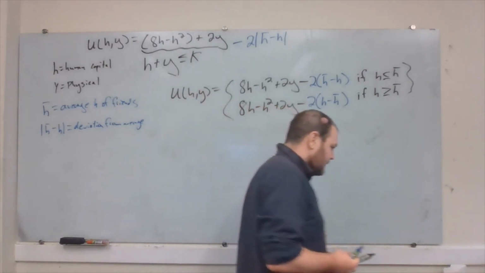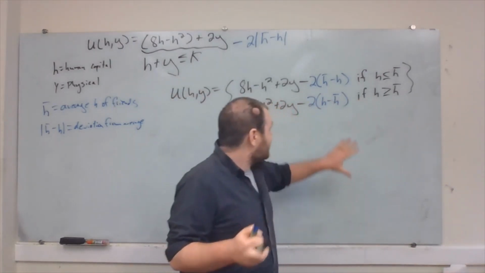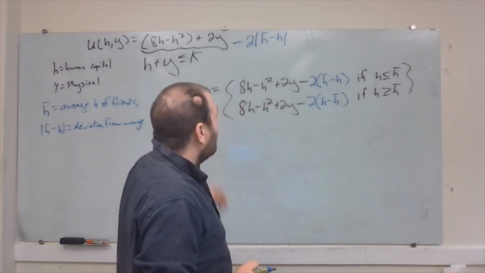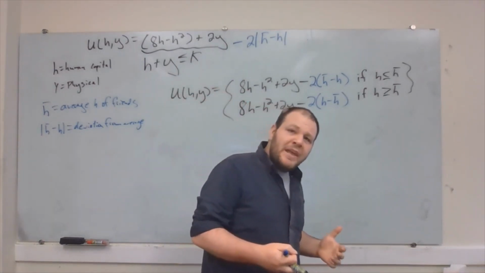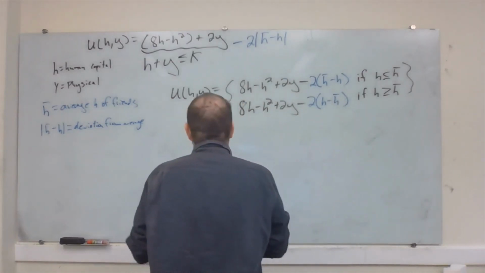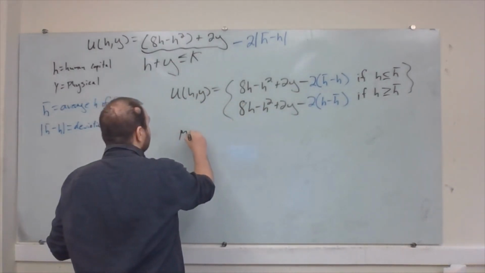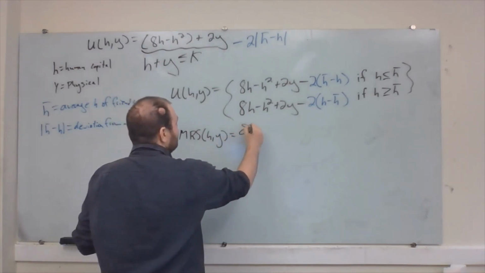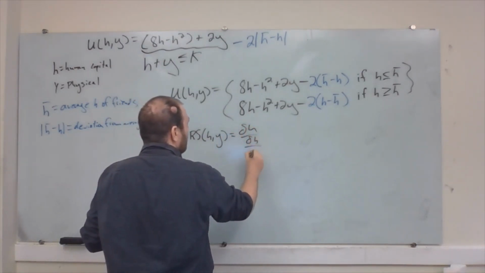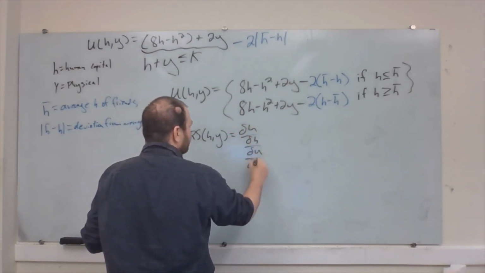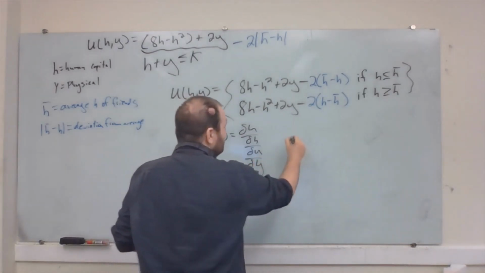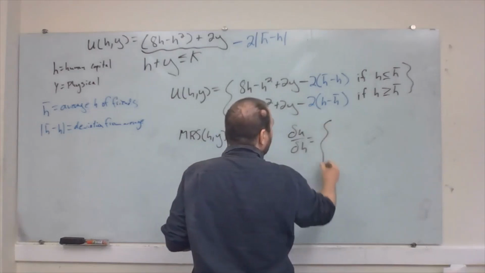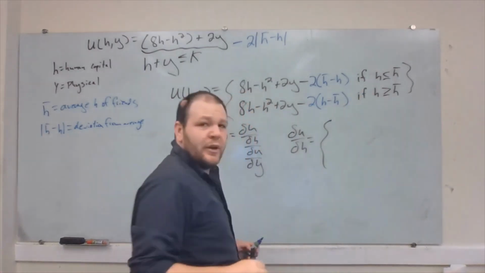Okay. So what's the consequence of this? Well, if this is our utility function, our marginal rate of substitution is also going to have two pieces. Our MRS of h and y is going to be du dh over du dy, but du dh is going to depend on which of these two situations is true.